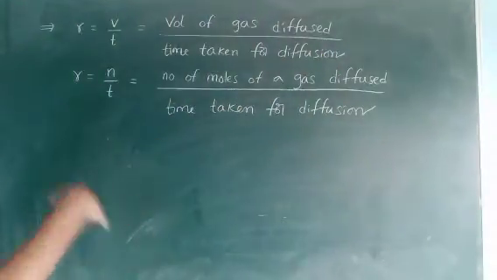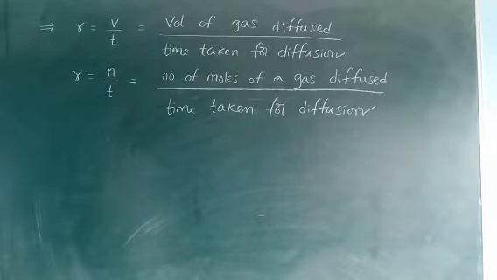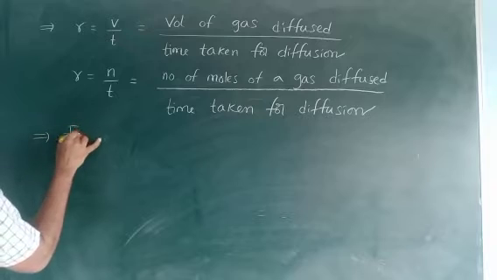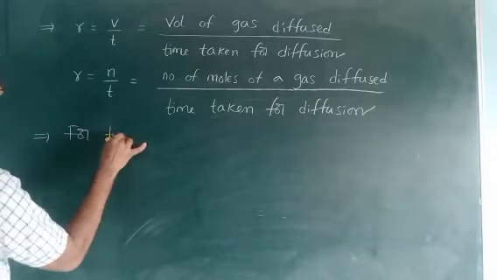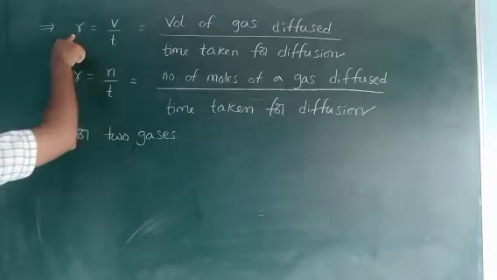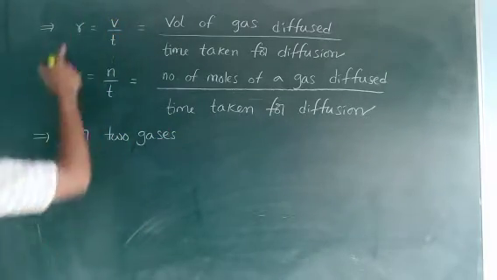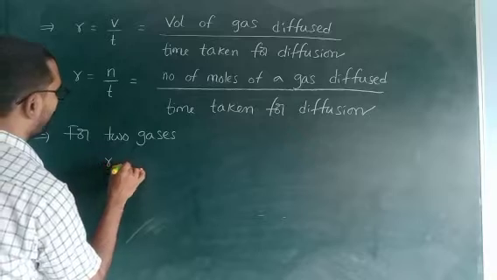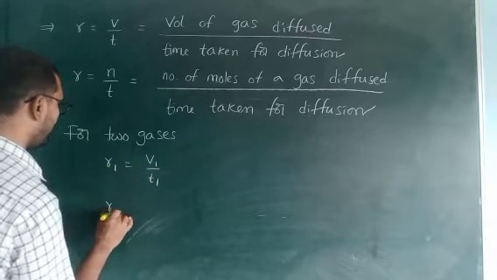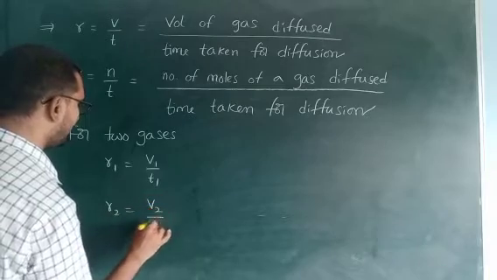Same formula. Now again apply that for two gases, again R1 by R2. First write R1 is equal to V1 by T1, R2 is equal to V2 by T2.